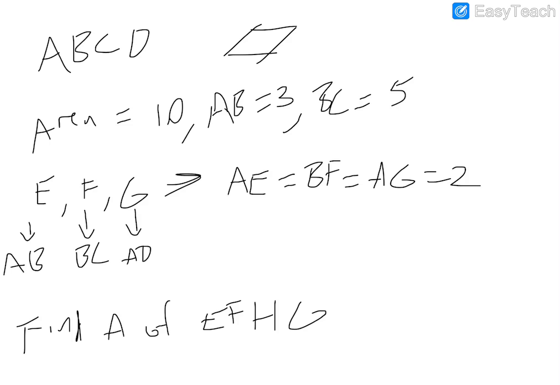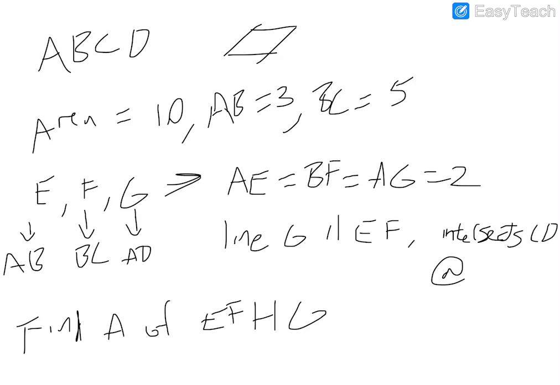And just to reiterate, I guess, the line through G is parallel to EF, and it intersects CD at point H. And once again, your goal is to find the area of EFHG.